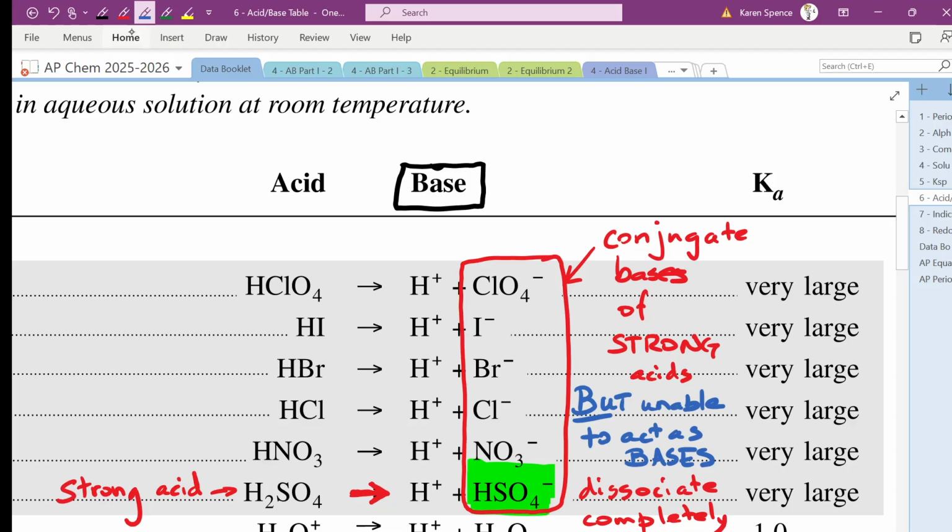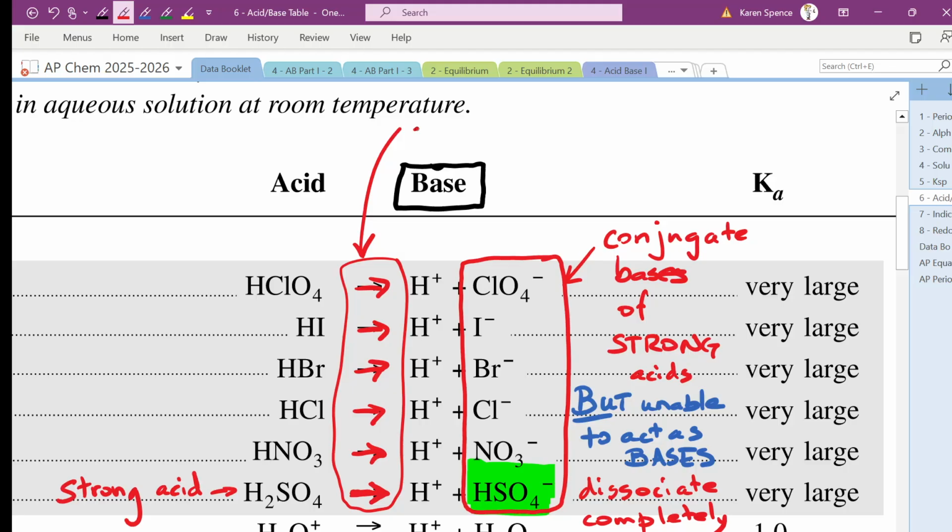And that's because all of these arrows are one-way arrows. So the conjugate bases of strong acids are unable to accept protons.